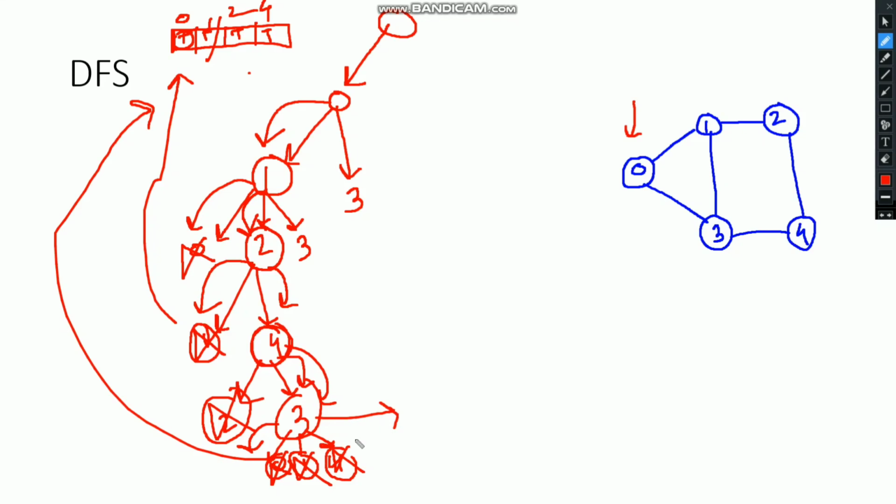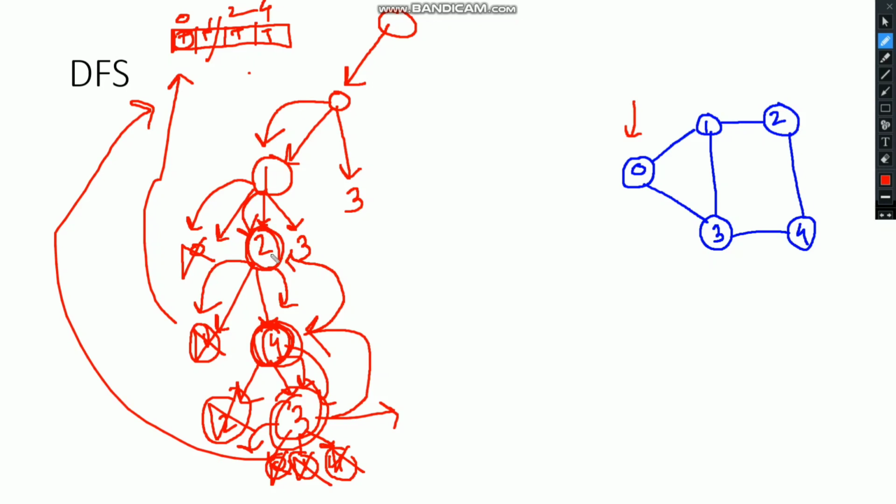What the recursive function will do is return back to the caller of vertex 3. The caller of vertex 3 was vertex 4. From vertex 4, we have explored all its adjacent vertices. So again, from vertex 4, it will move to the caller of vertex 4, which was vertex 2.